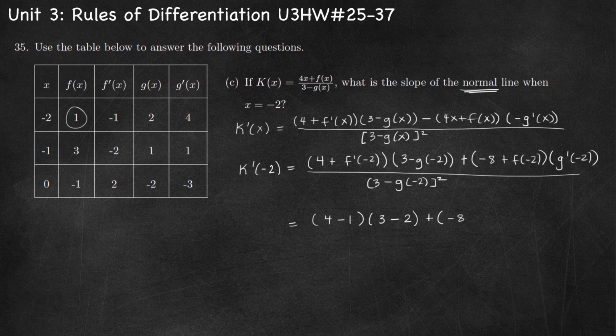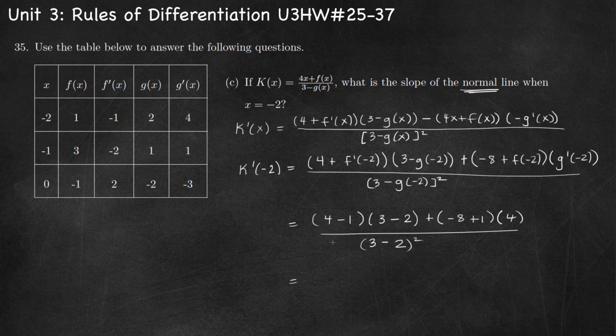F of negative 2 is 1, so negative 8 plus 1 times g prime of negative 2. G prime of negative 2 is 4 over 3 minus g of negative 2. G of negative 2 is 2, and that quantity squared.